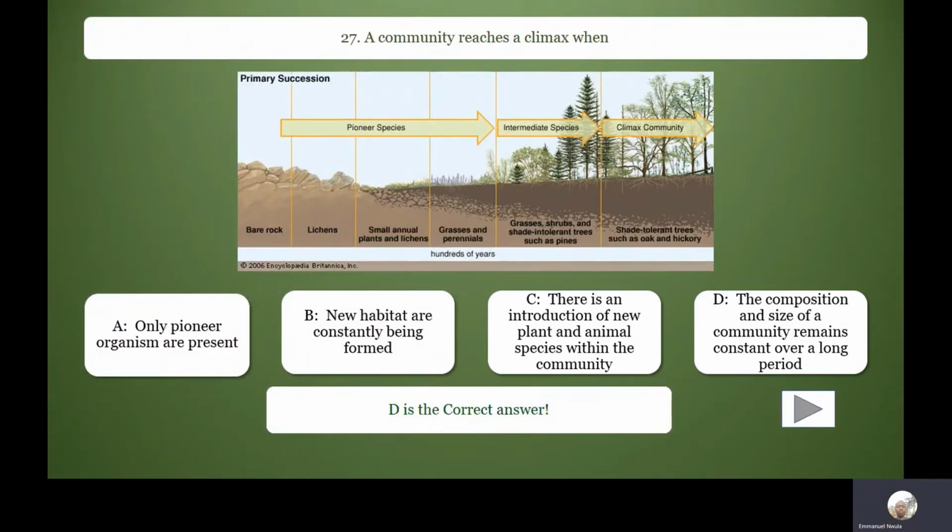A community reaches a climax when the composition and size of a community remains constant over a long period.